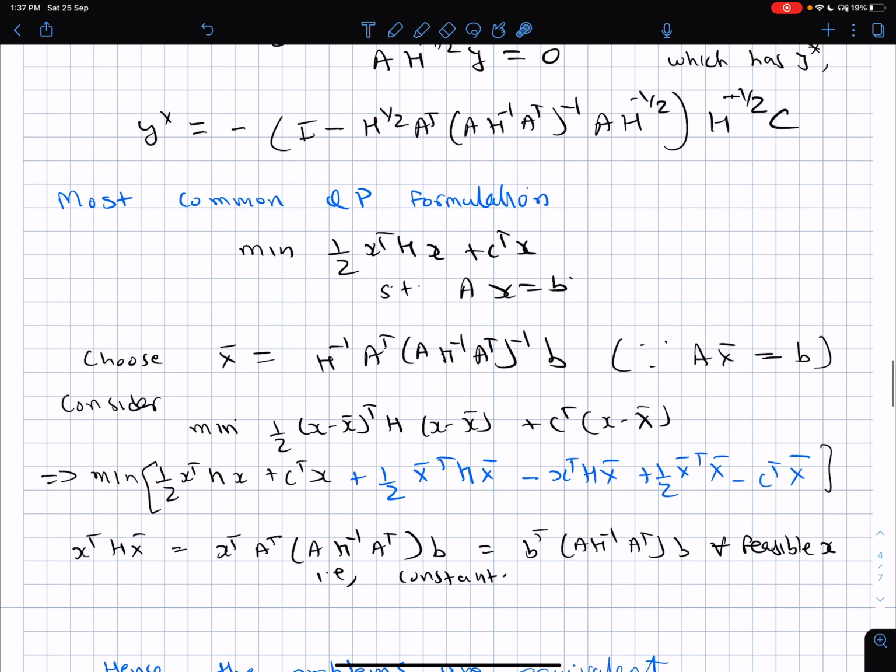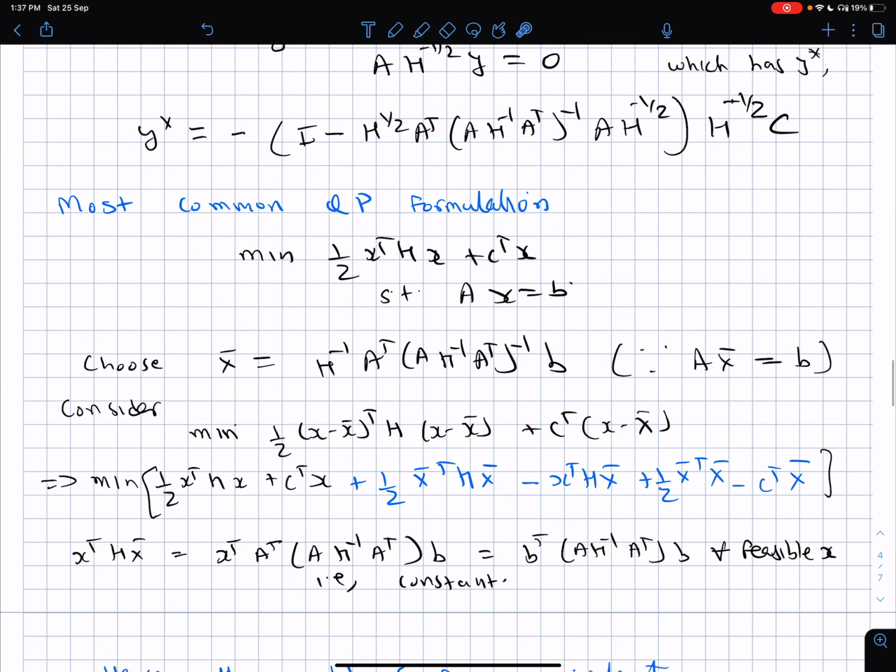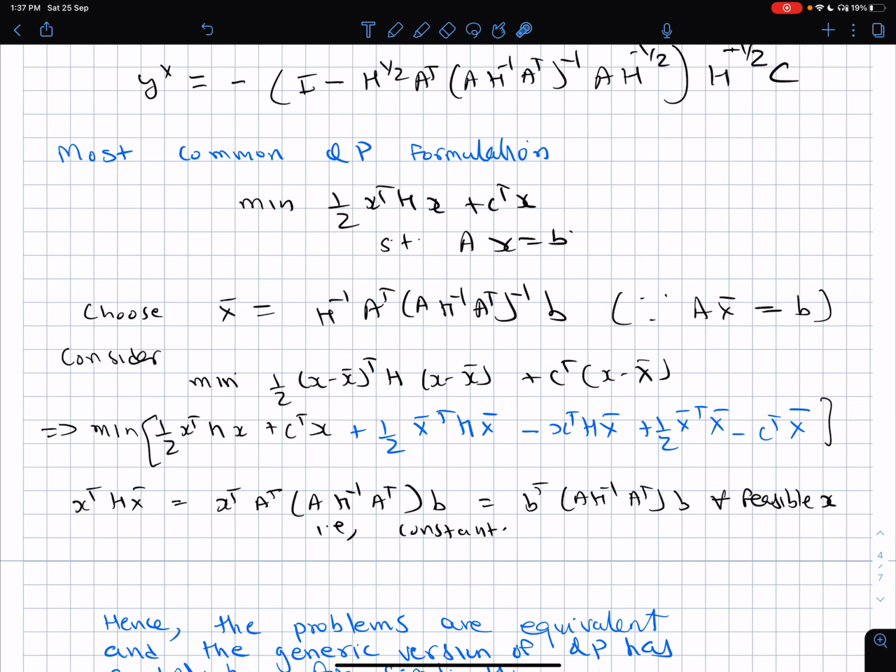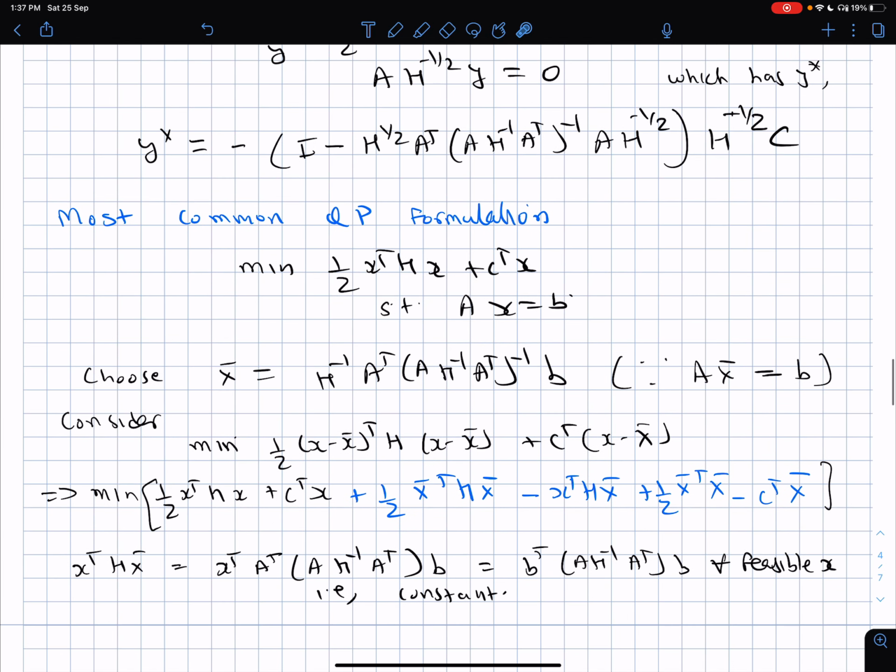Now what I am going to show you is that this problem is equivalent to the same problem here, except for differing by a constant in the objective function, which does not alter the optimal solution. To that end, when I take this objective function and expand it, what will I get?